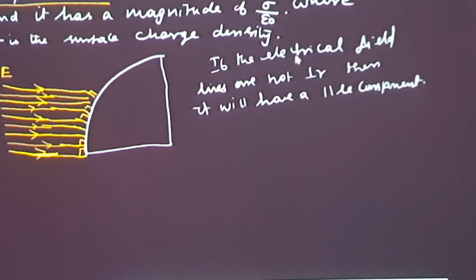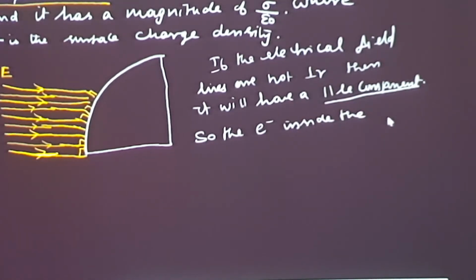So if the electrical field lines are not perpendicular, then it will have a parallel component, and the electrons inside the conductor will experience a force or an acceleration.